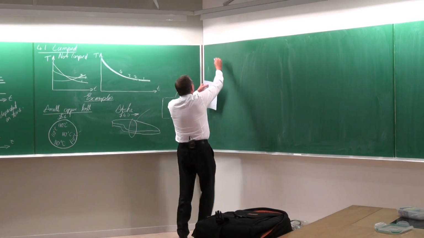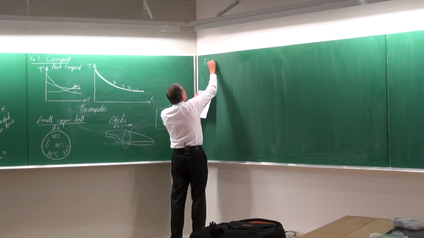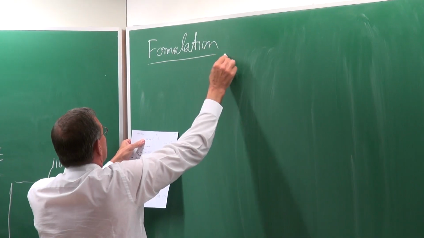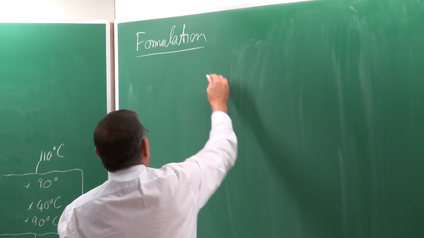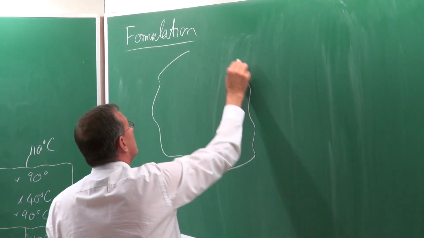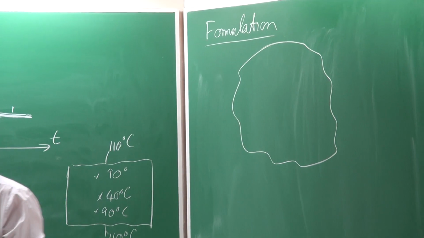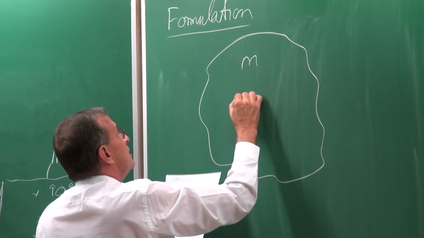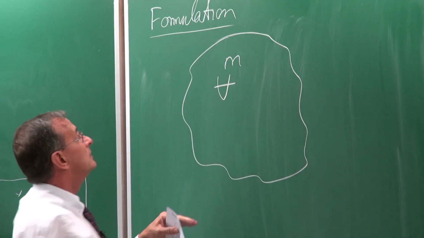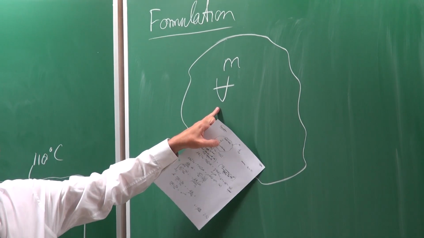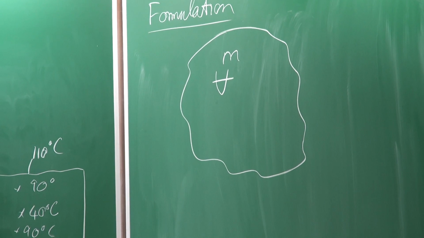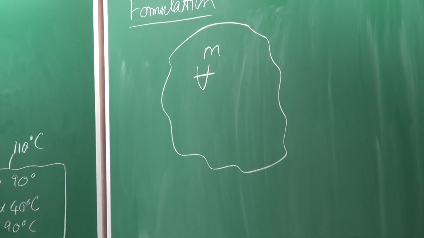Let's look at the formulation of it, the mathematical formulation. The formulation is, we've got a solid body, and the solid body has a certain mass, a certain volume. So I'm using that V to distinguish it later on in the module where we use V for velocity.